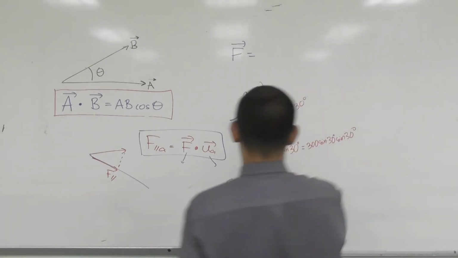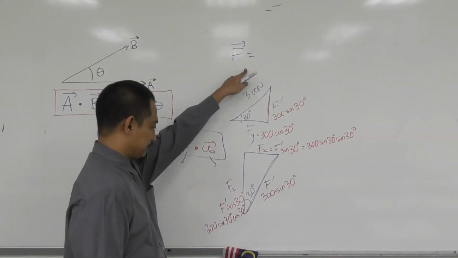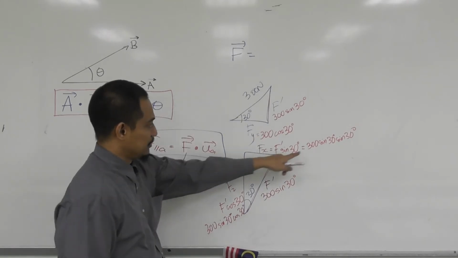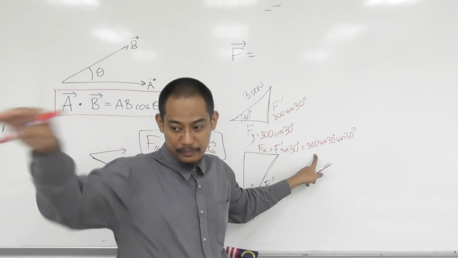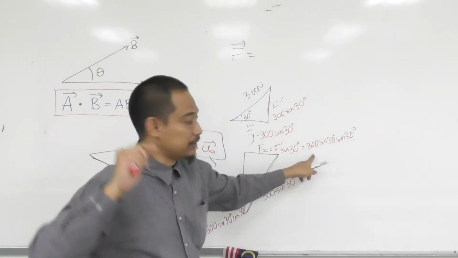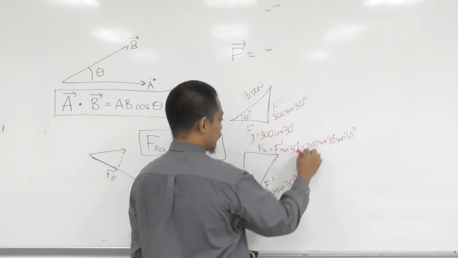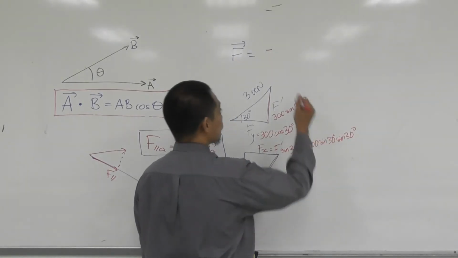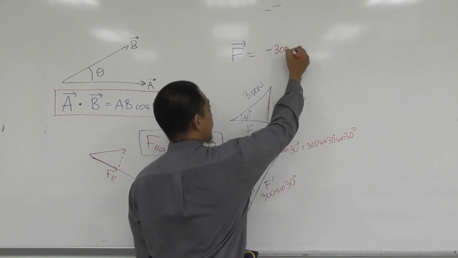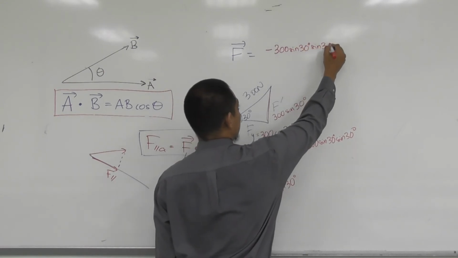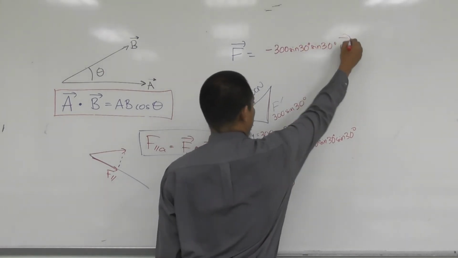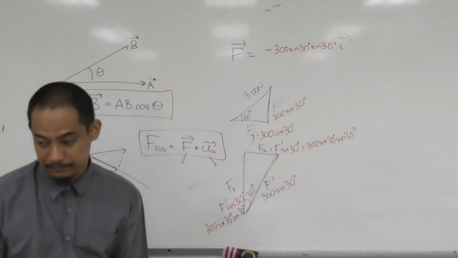With that, if we put back into the Cartesian vector form, Fx is this one, but notice that it is in the negative direction, that it goes back. So it should be negative this whole thing, negative 300 sine 30 sine 30 i, right?